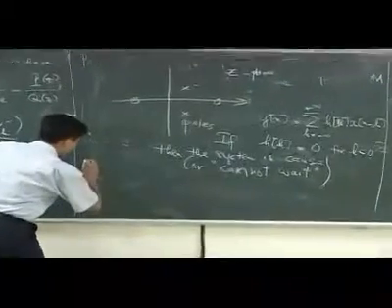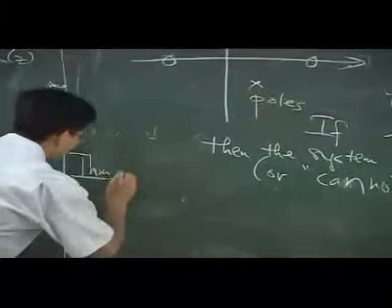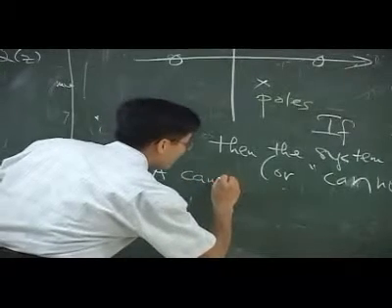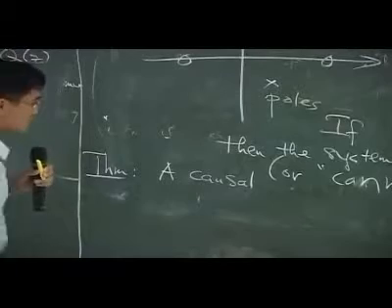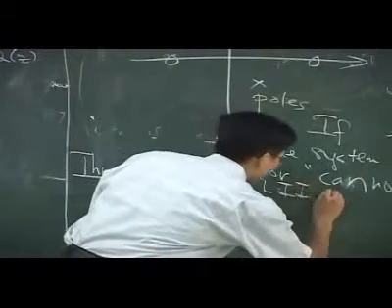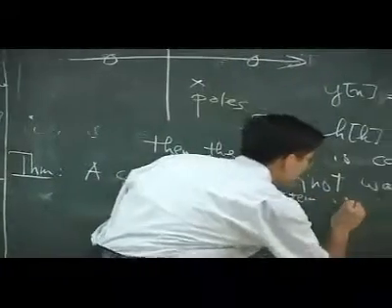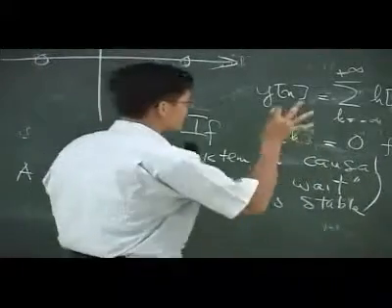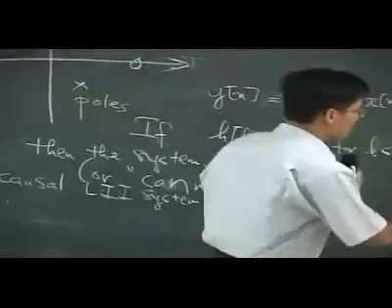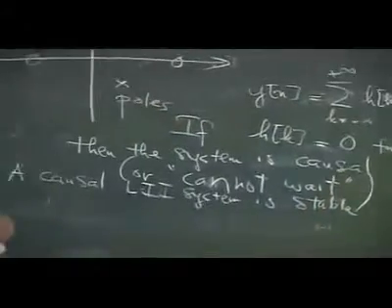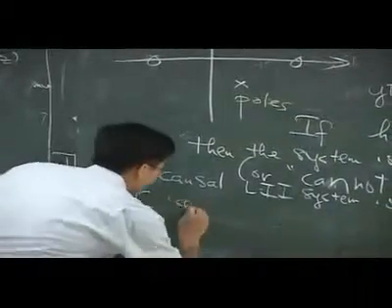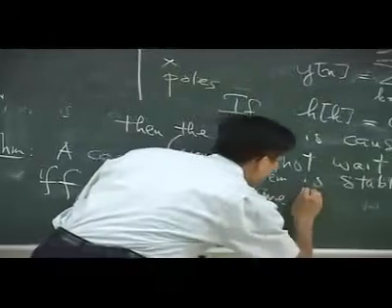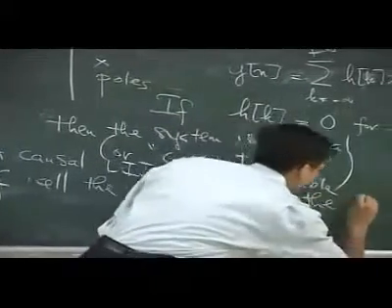So the message, maybe let me put the result here. Theorem: a causal LTI system is stable, like this one, if and only if all the poles are inside the unit circle.